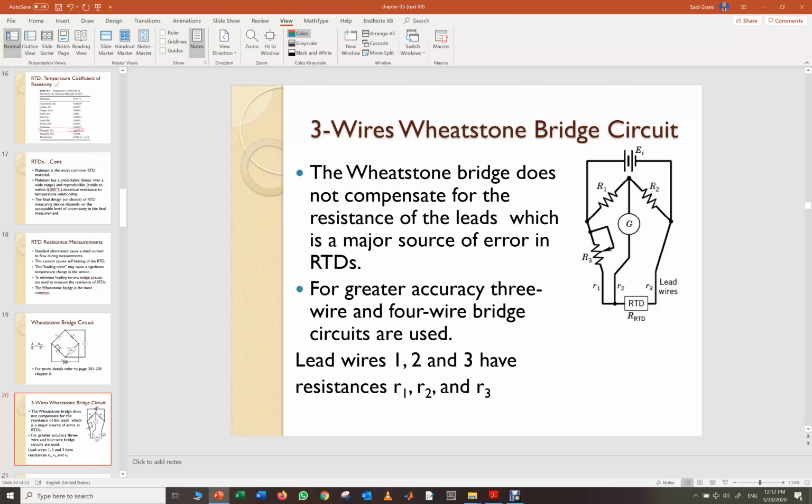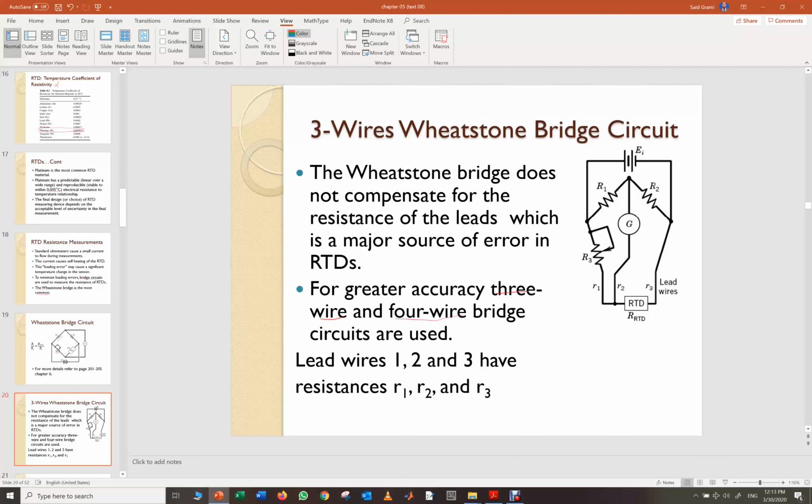Since we are using wire here, the wire adds resistance to the system. This resistance added by the wire can affect the reading of the RTD resistance. So we have to compensate for this resistance in the wire. For greater accuracy, 3-wire and 4-wire bridge circuits are used. So we have a 4-wire or 3-wire configuration.